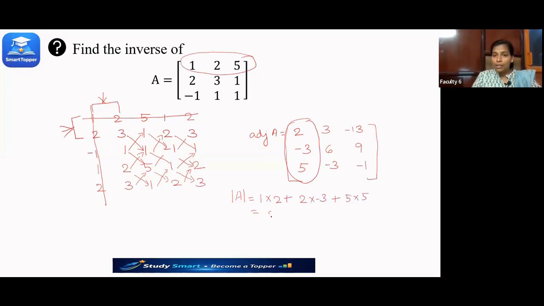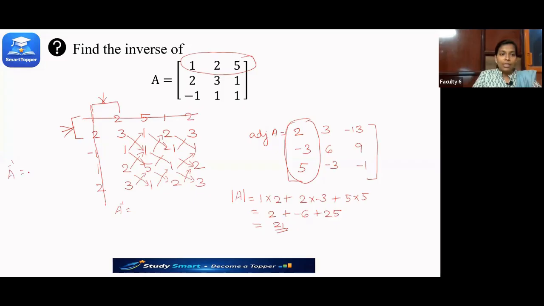So what is the answer? 2 plus 2 into minus 3 is minus 6, plus 25. 2 minus 6 is minus 4. Minus 4 plus 25 is 21. So determinant of A is 21.